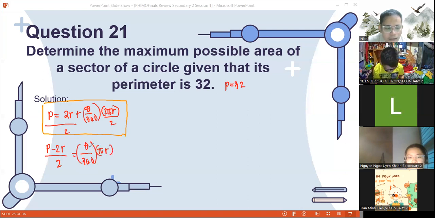Okay, this one is theta over 360 times pi r, right? And the area, okay, the area is equal to what? Theta over 360 times pi r squared, right?